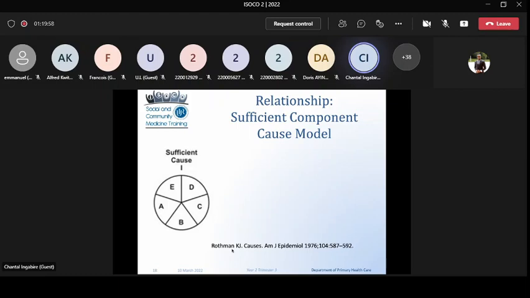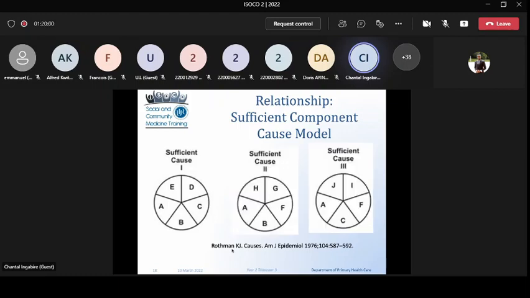One might be that you are exposed to A, B, C, D, E in a linear sequence, but you may also have some other exposures in a second model, and you may also have other kinds of exposures. So it's not always a linear sequence in terms of exposure and outcome.